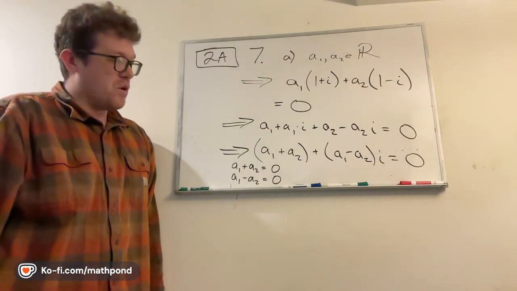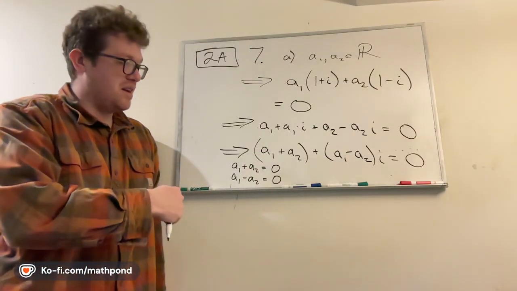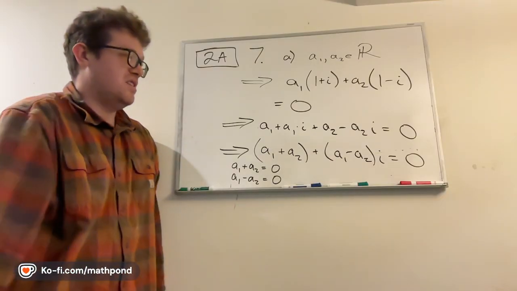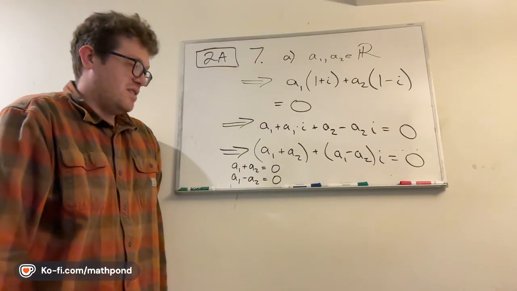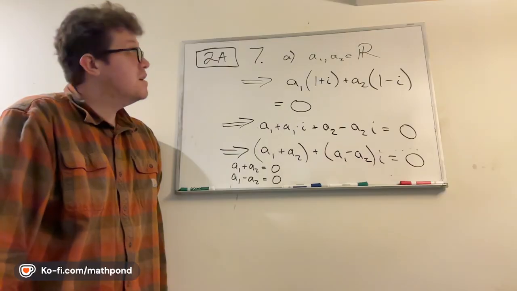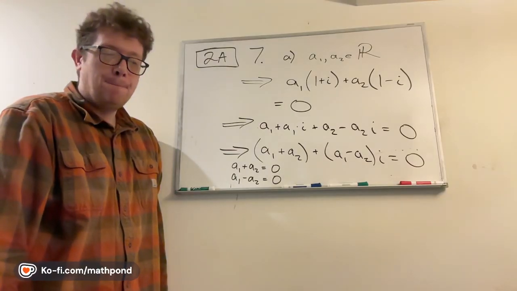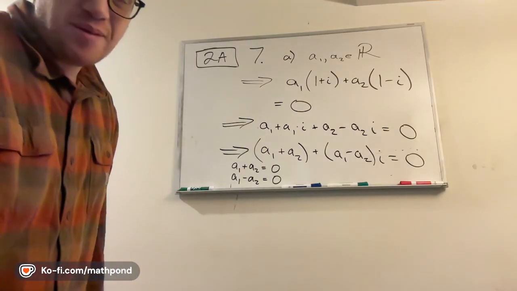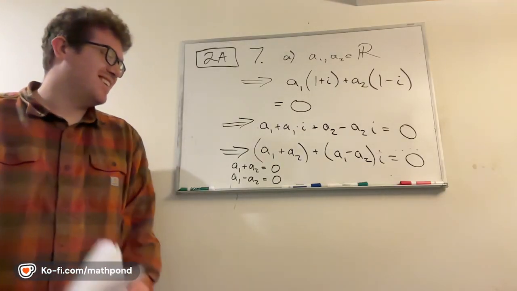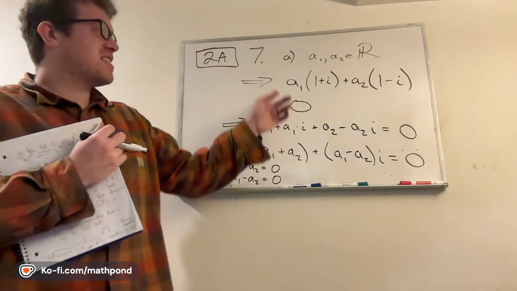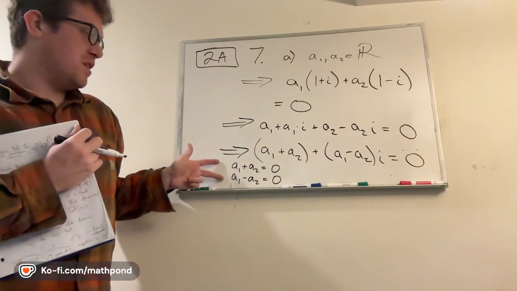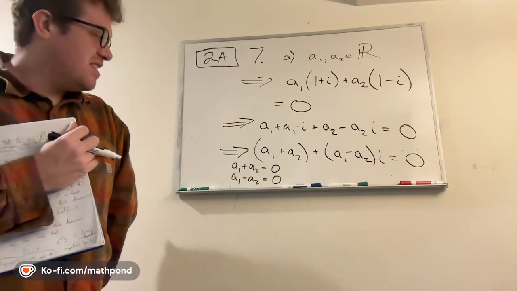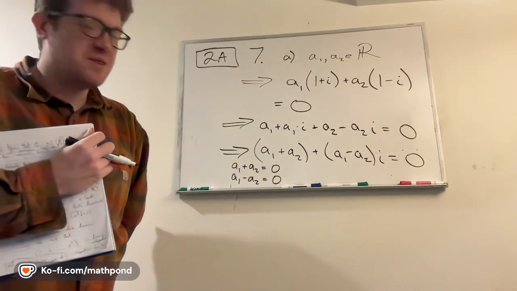What are the only two numbers that I can add together to get 0, and take their difference to also get 0? Anybody paying attention? So we basically boiled this down to two linear equations here. Yeah, 0 is the only solution. Sorry to burst everyone's bubble.